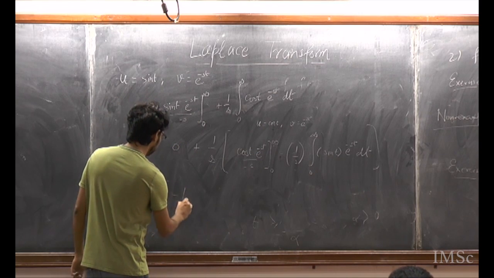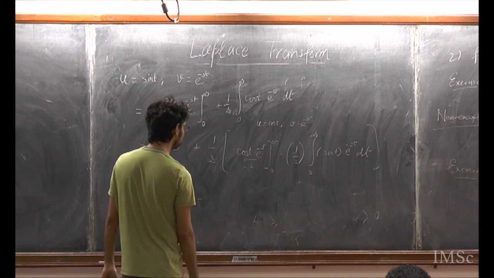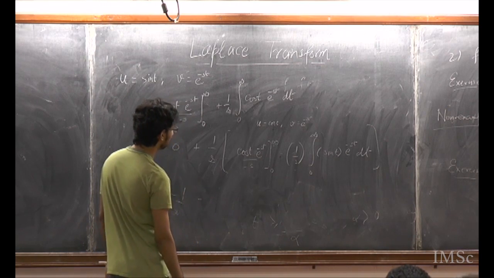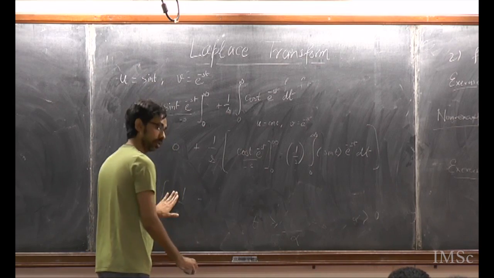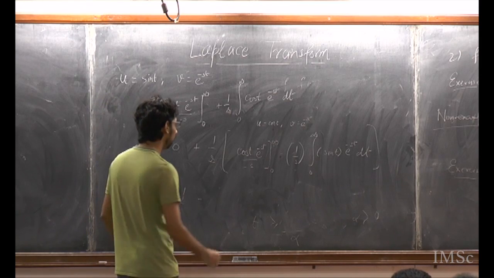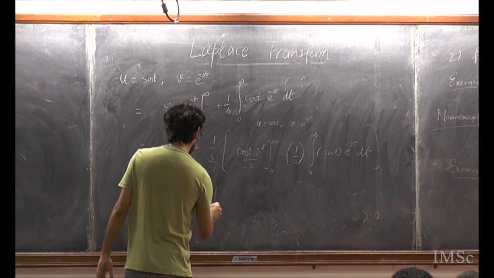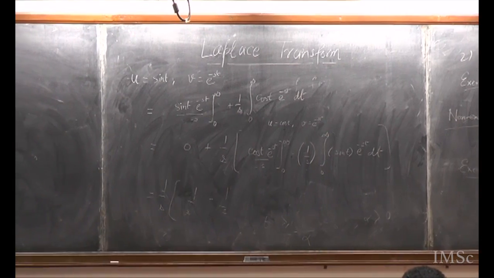So you have minus 1 over s, and you have minus, sorry? Oh, yes. Thank you. Yes. 1 over s, and you have minus 1 over s, and this is again your F(s), right?